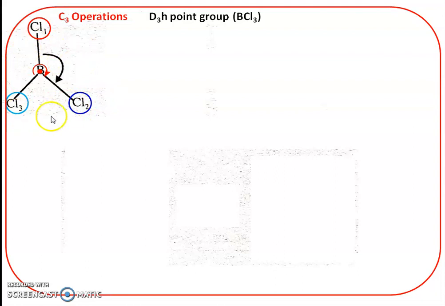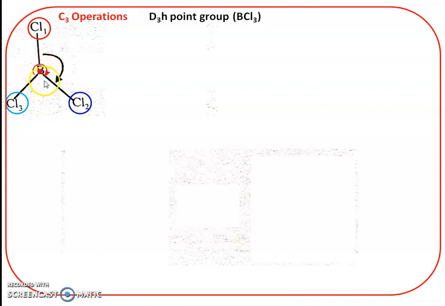Boron trichloride is a planar trigonal molecule, and imagine one axis passing through this boron perpendicular to the plane of this molecule, and this is the C3 principal axis.